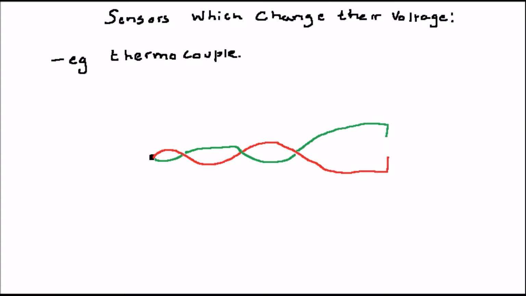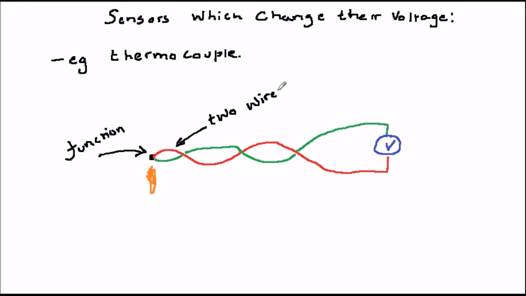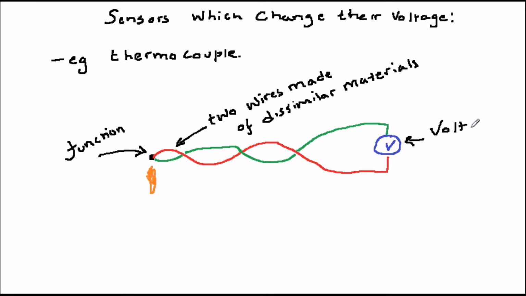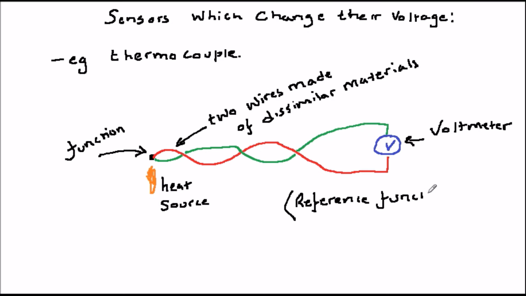Traditionally, there were 2 or 3 junctions, of which several were held at a known reference temperature and the other which was used to measure the temperature that we wanted to know. Nowadays, the effect of the reference junctions can be simulated electronically. The signal from sensors which change their voltage like this can generally be processed by simple amplification and, if necessary, by filtering.